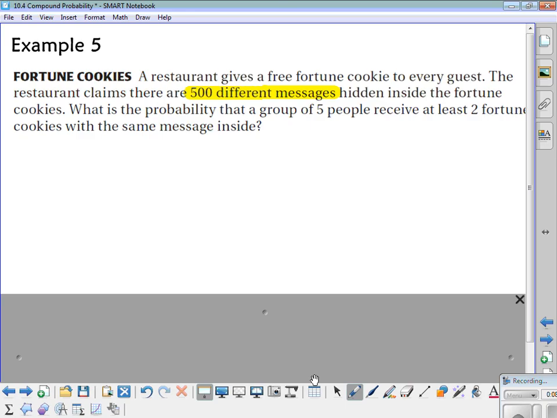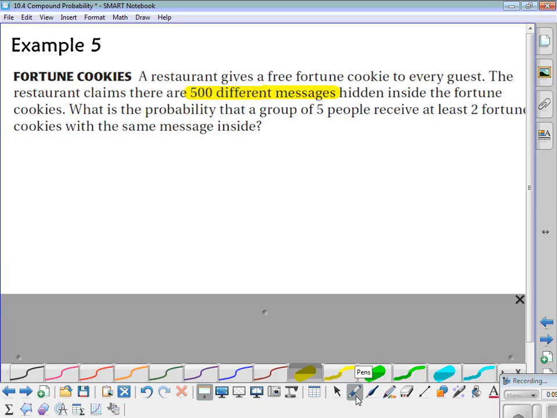So rather than figuring out the probability of having 2 the same, 3 the same, 4 the same, 5 the same, if there aren't 2 of them the same, how many are the same? What's less than 2 of them the same? 1 the same? In other words, they're all different, right? None of them are the same.